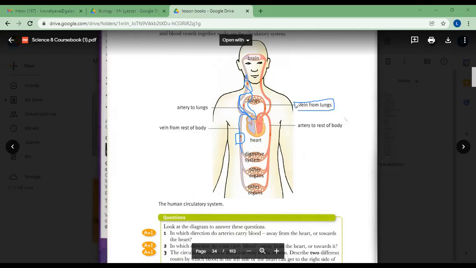When it comes to the lungs, this is the exception. They have changed their roles, artery and veins. Veins carry oxygenated blood, artery carries the deoxygenated blood. Is it clear? But to other parts like the brain, internal organs, our appendages, all of the arteries carry oxygenated blood. So you can write like this. Later you write.